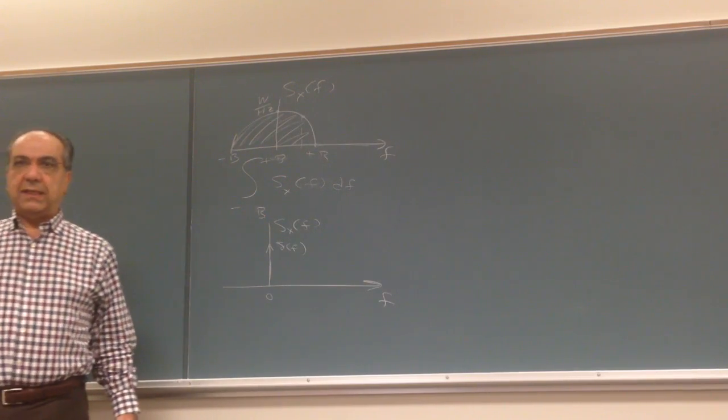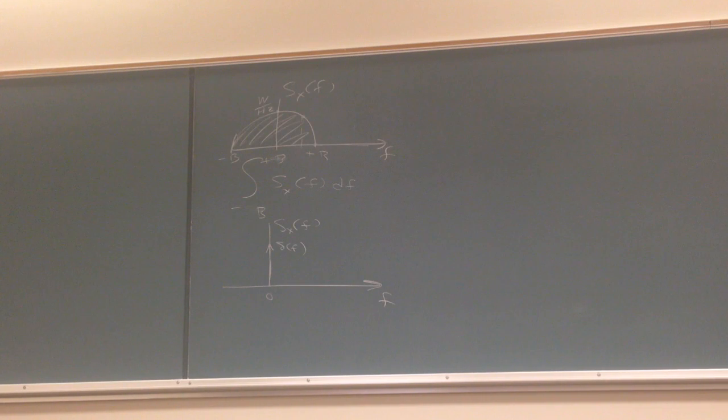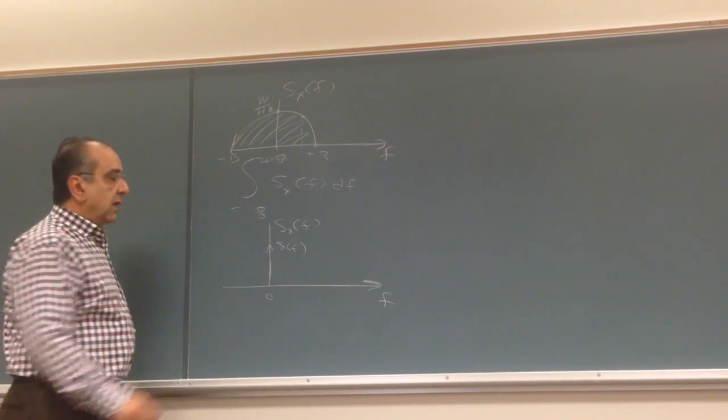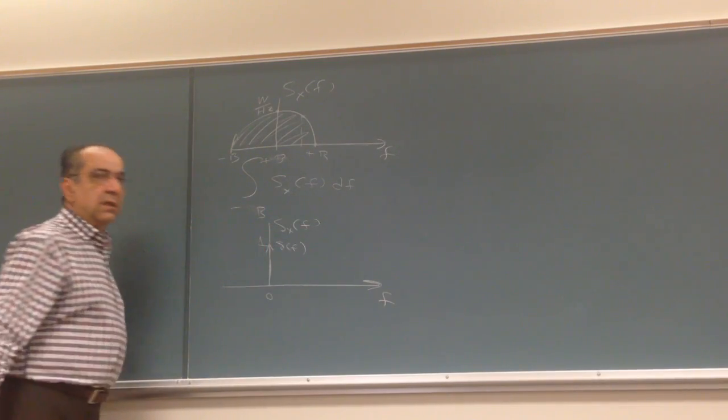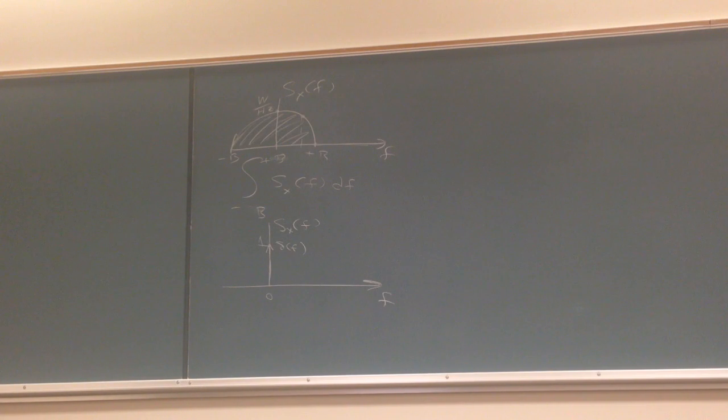What does it mean? It's just a DC signal. And it depends on the weight of this delta function. If it is 1, it means it has 1 watt at 0 frequency.